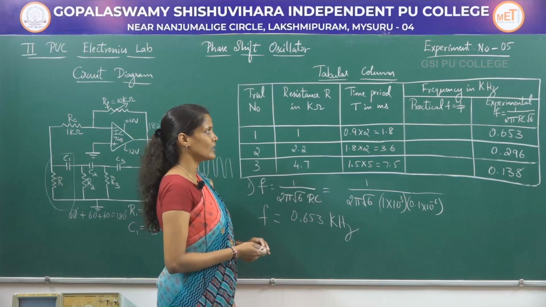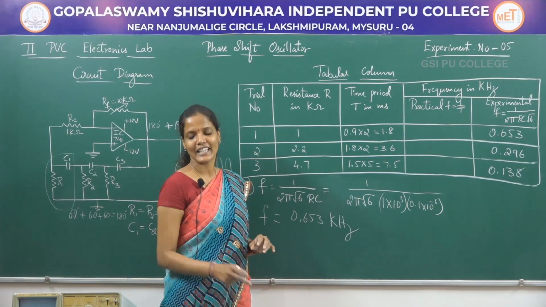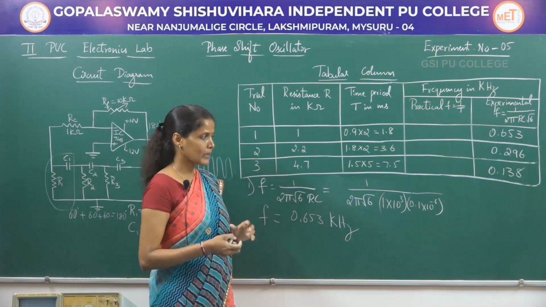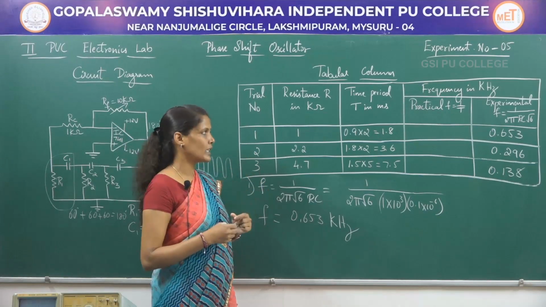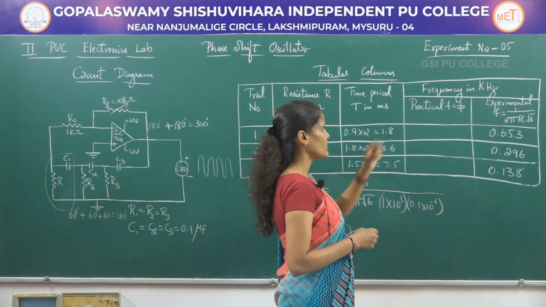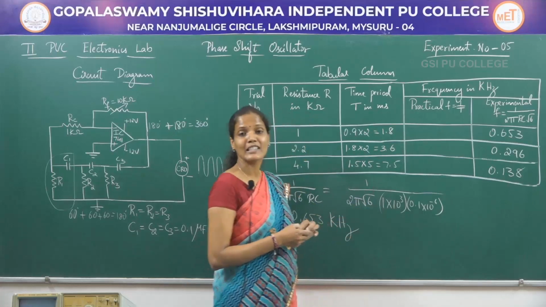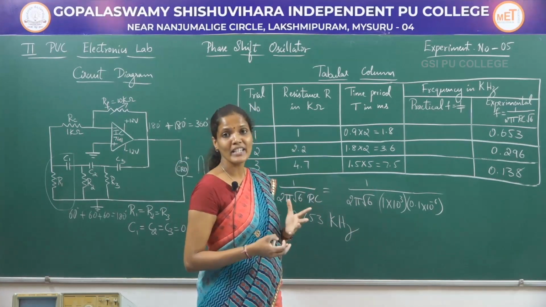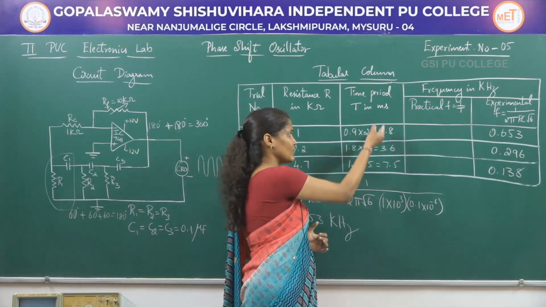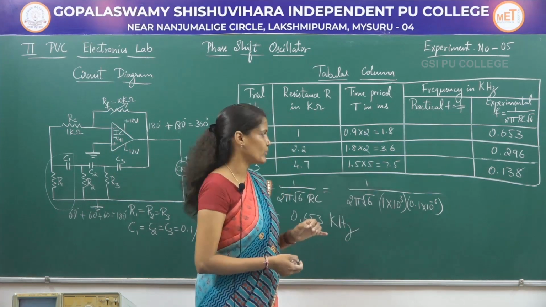After finding the time period t in milliseconds using the circuit diagram, we have to calculate the practical frequency, which is nothing but 1 divided by t, where t is 1.8, 3.6 and 7.5.